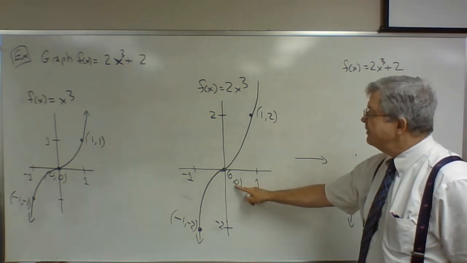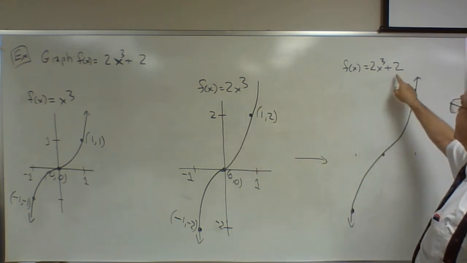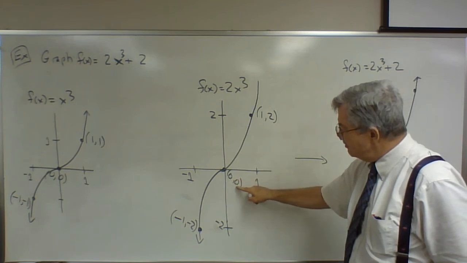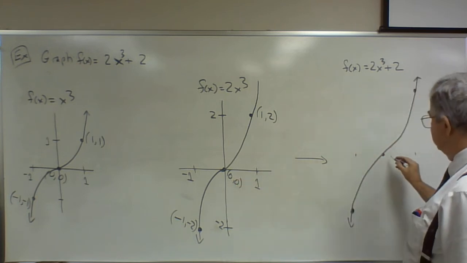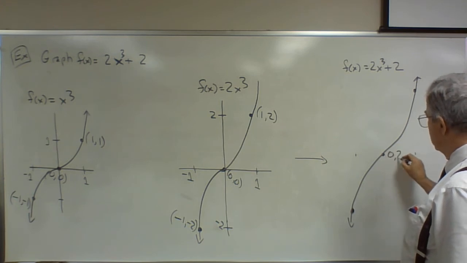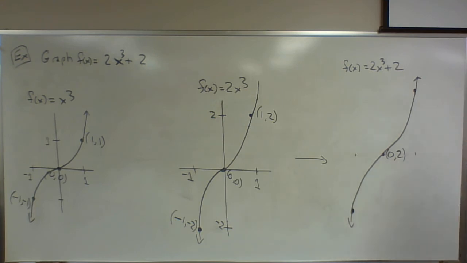This point I'm going to take and I'm going to add 2 units to it. I just added 2 to the y-coordinate of this point, so this is going to be x equals 0, y equals 2. Okay.